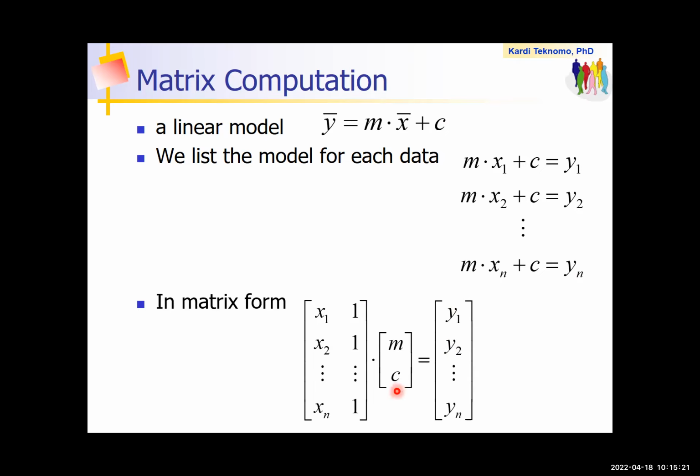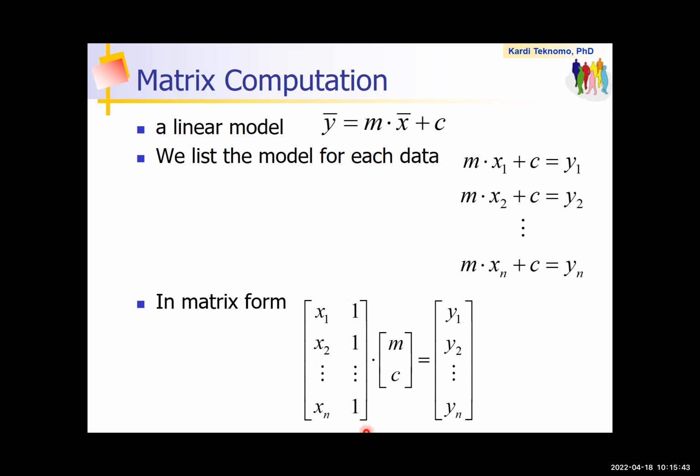This is the y here. Okay, so in matrix form, I will have a matrix of the data, and then multiply by vector of parameter m and c, okay? And then again this is the data of the output, the y.